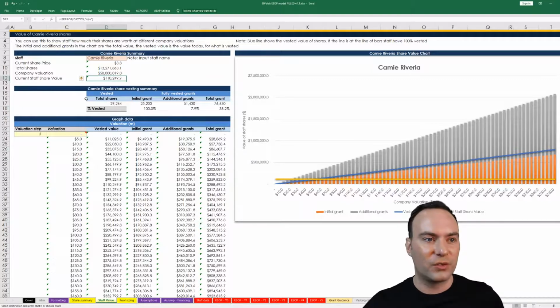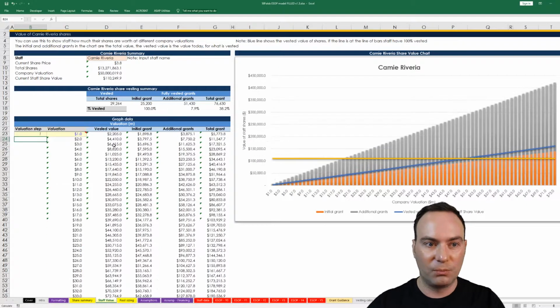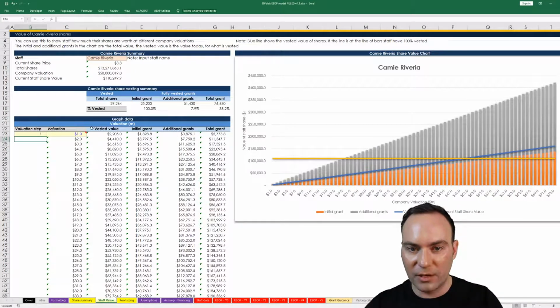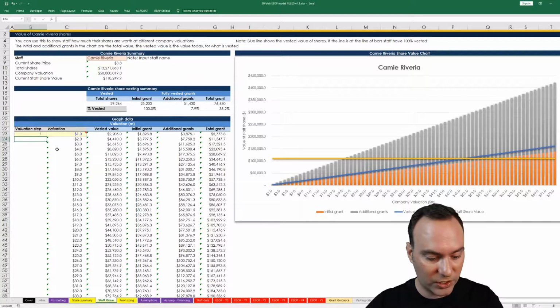But since this doesn't look so attractive, we're going to decide that valuation is starting at 1. The valuation step is going to be 1. And so suddenly those numbers start to look a little bit higher for her, right? So you can use this value step and what the starting valuation is to change the axes on the graph.